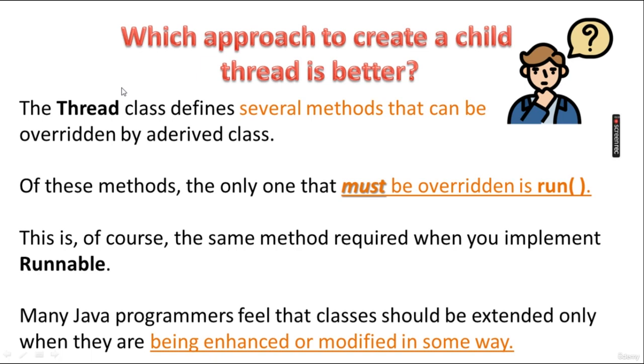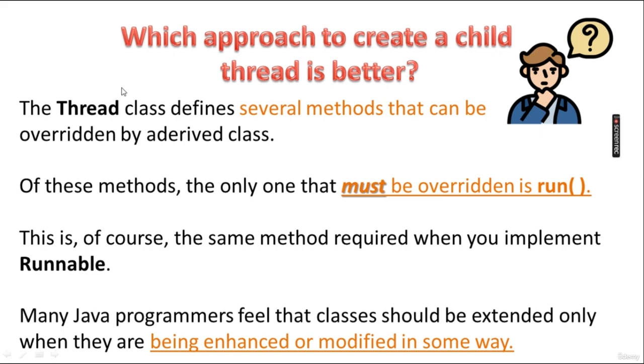Many Java programmers feel that classes should be extended only when they are being enhanced or modified in some way. Most programmers think you should extend the Thread class when you are modifying your own child thread class in some way.